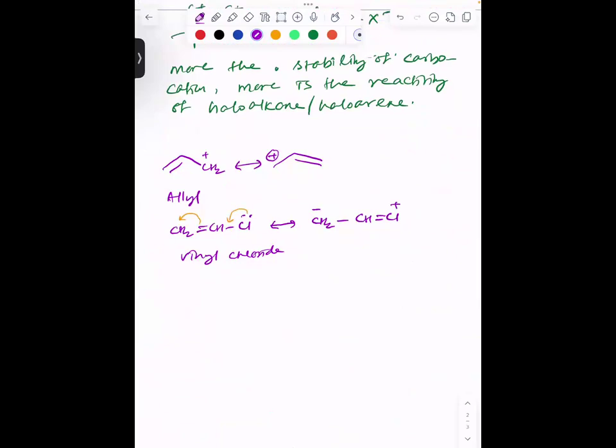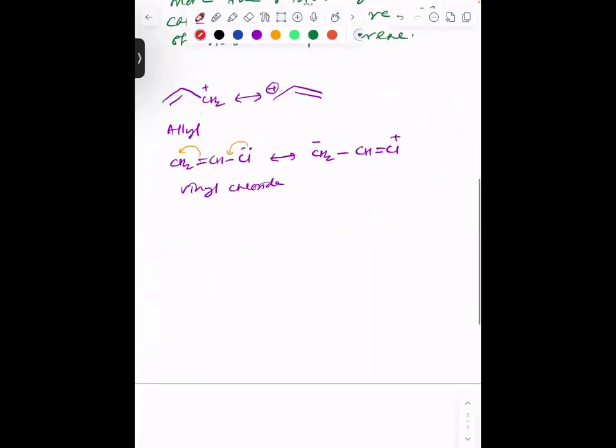Next, next we will see this is the reactivity.